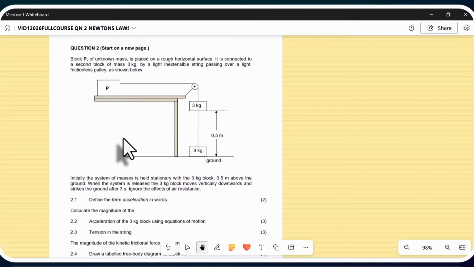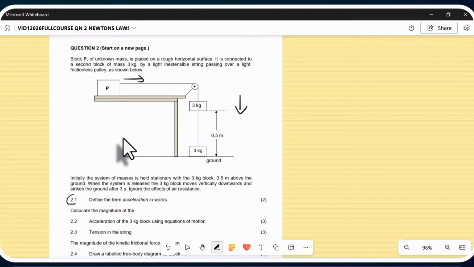Using equations of motion, we can use change in y equals v initial times change in time plus a half a t squared. I'm looking for the acceleration. So the change in y is 0.5 meters.